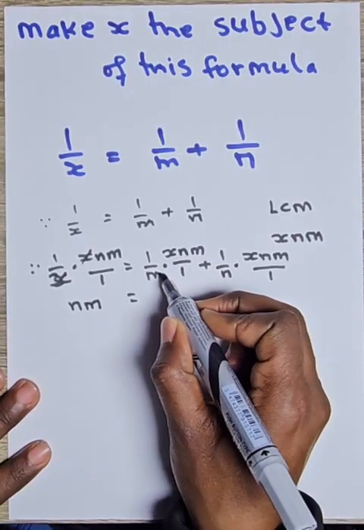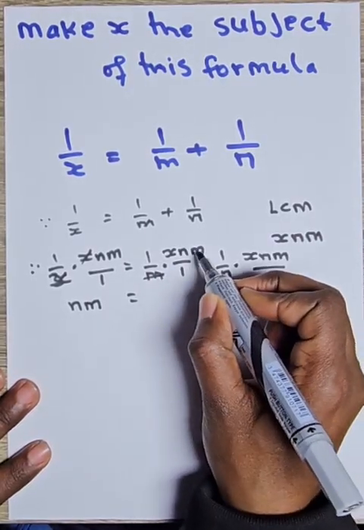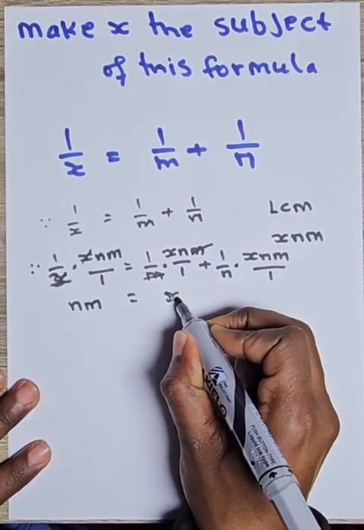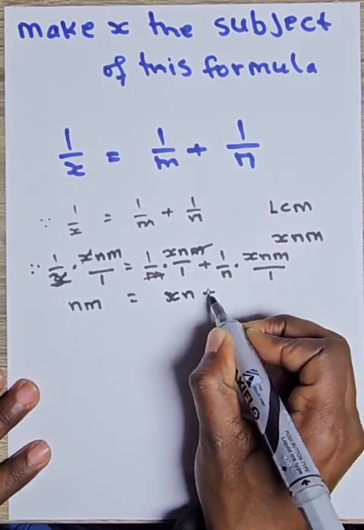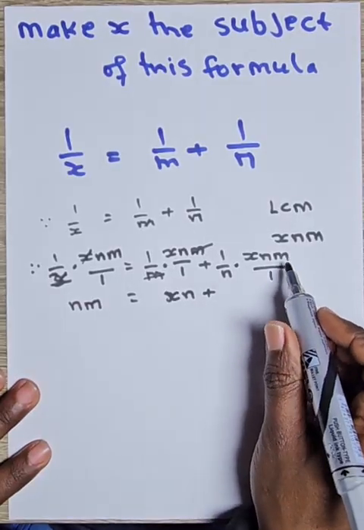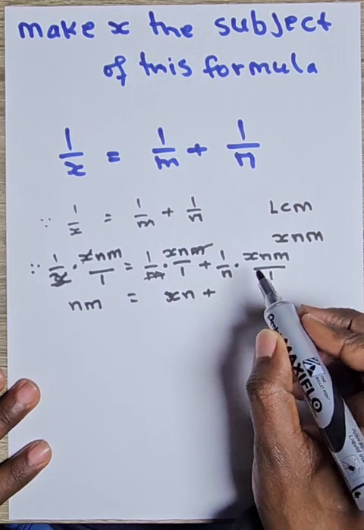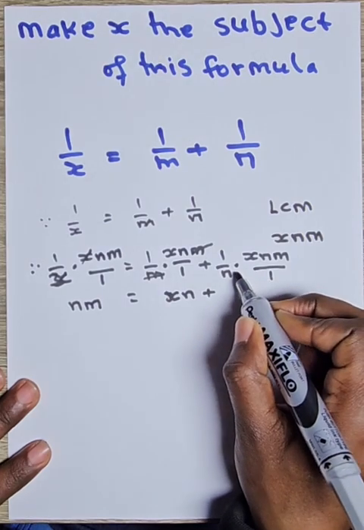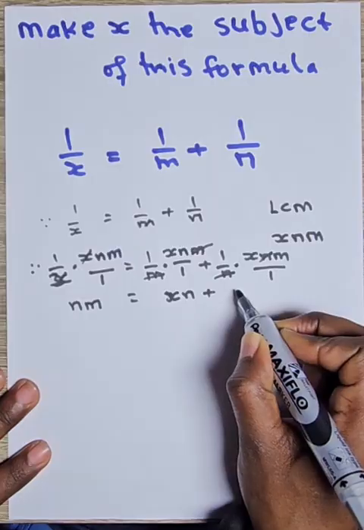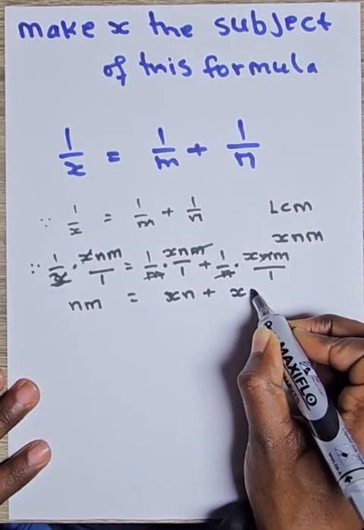We're going to cancel out identical factors, which is only m. We therefore will have x n plus 1 over n times x n m over 1. We can cancel out identical factors which are only the n's. We're going to therefore have plus x m.